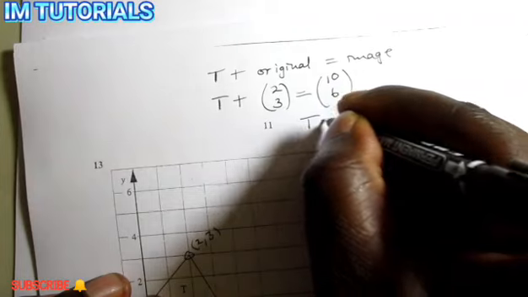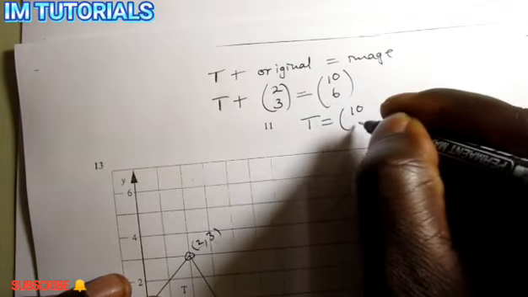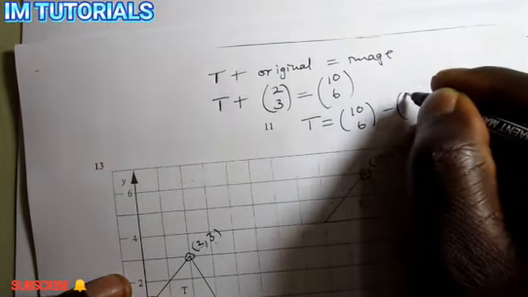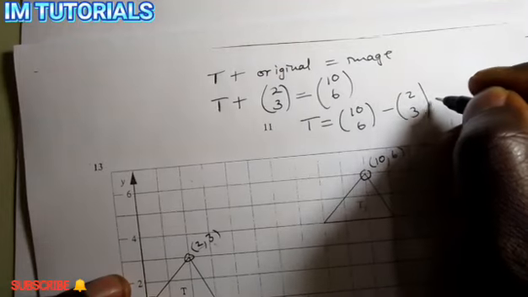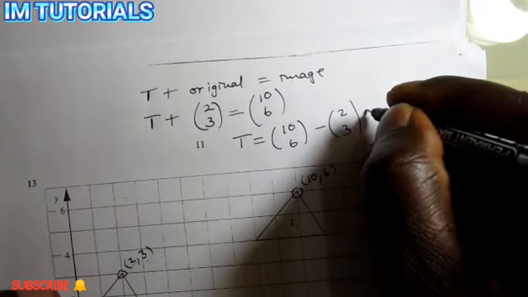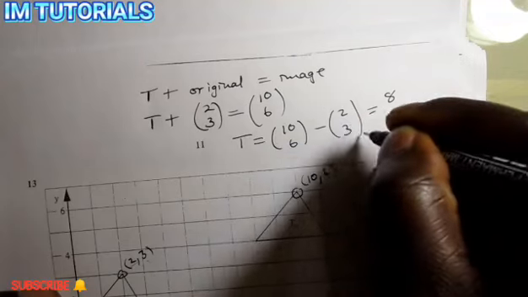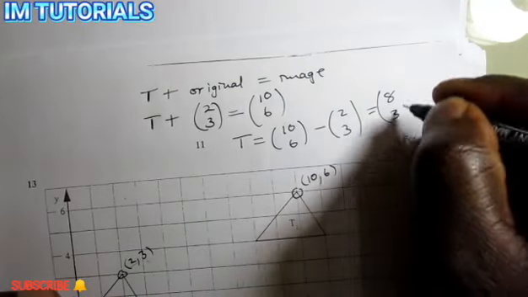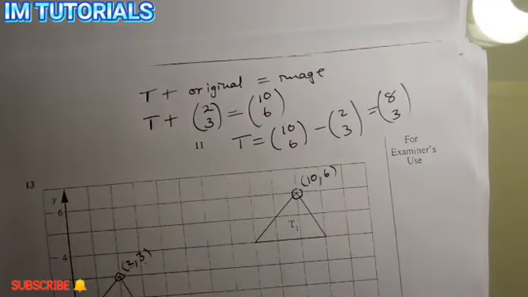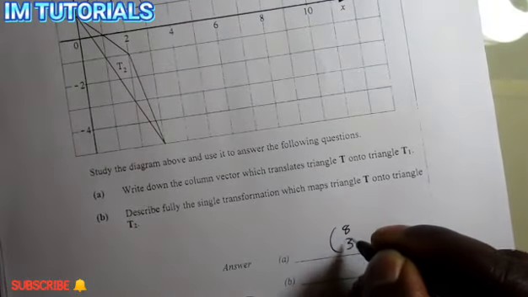Then you make T the subject of the formula by moving 2, 3 to the right side. So 10 minus 2, you get 8. 6 minus 3, you get 3. So your column vector is 8, 3. So this is the first solution, 8 on top and 3 on the bottom. You get yourself a single mark for that.